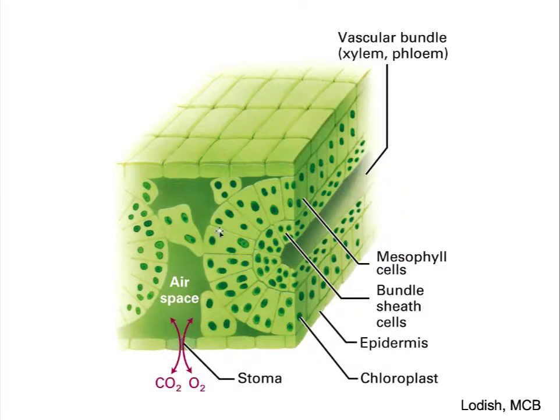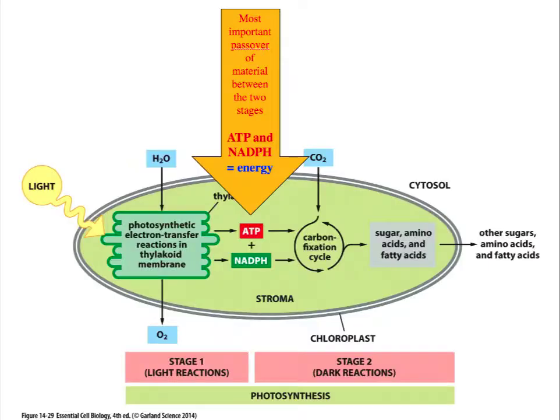Air spaces between the cells of the leaf allow the movement of those gases to the surface of those cells, where the gas dissolves into the aqueous environment and then is available as a dissolved substance for the chloroplasts.